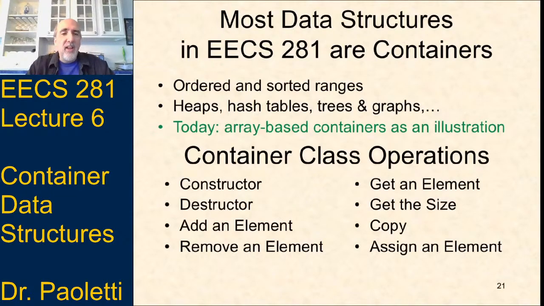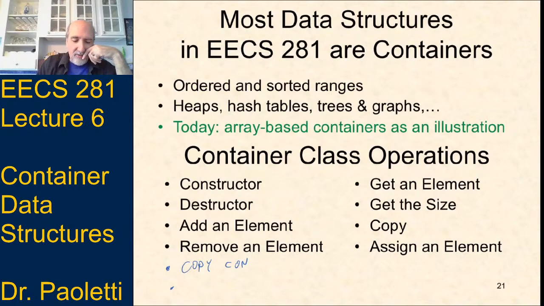So, things I would like to do with a container. I'd like to be able to construct them and destruct them. If I'm going to have a destructor, that probably means my constructor did a new, which means if I've got a constructor and a destructor especially, I should probably also have a copy constructor.